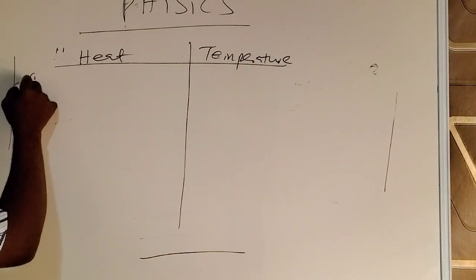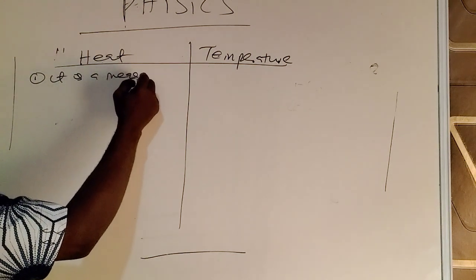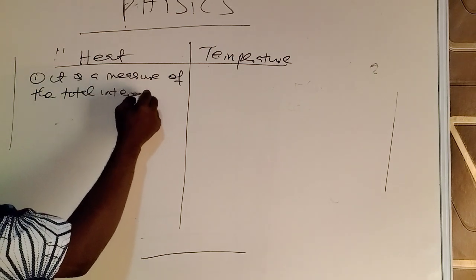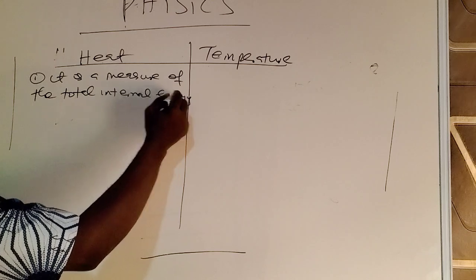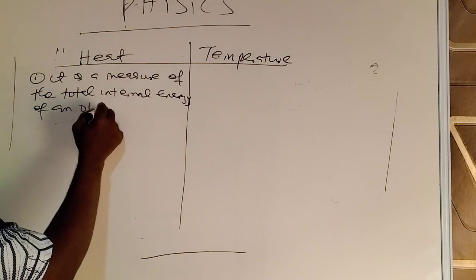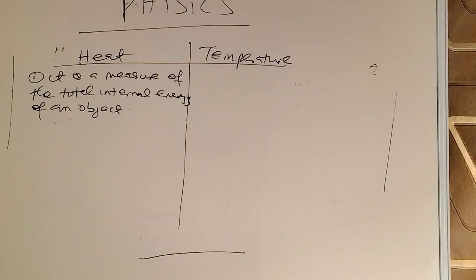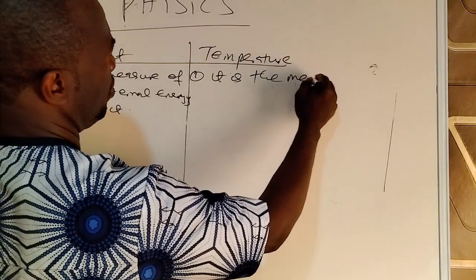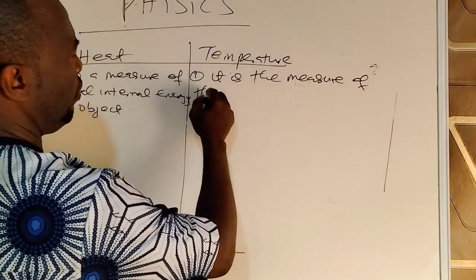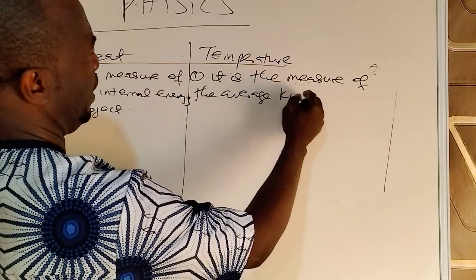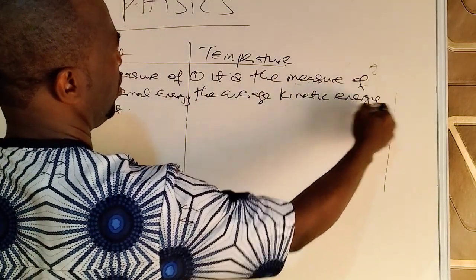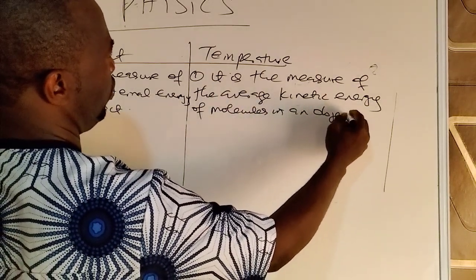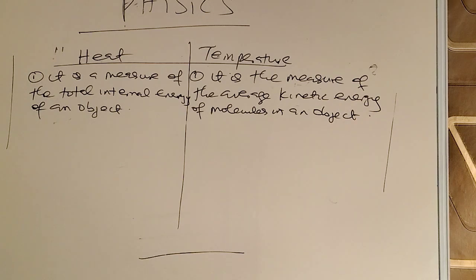Heat energy is a measure of the total internal energy of an object, while temperature is the measure of the average kinetic energy of molecules in an object. So the number one difference is based on their definitions.